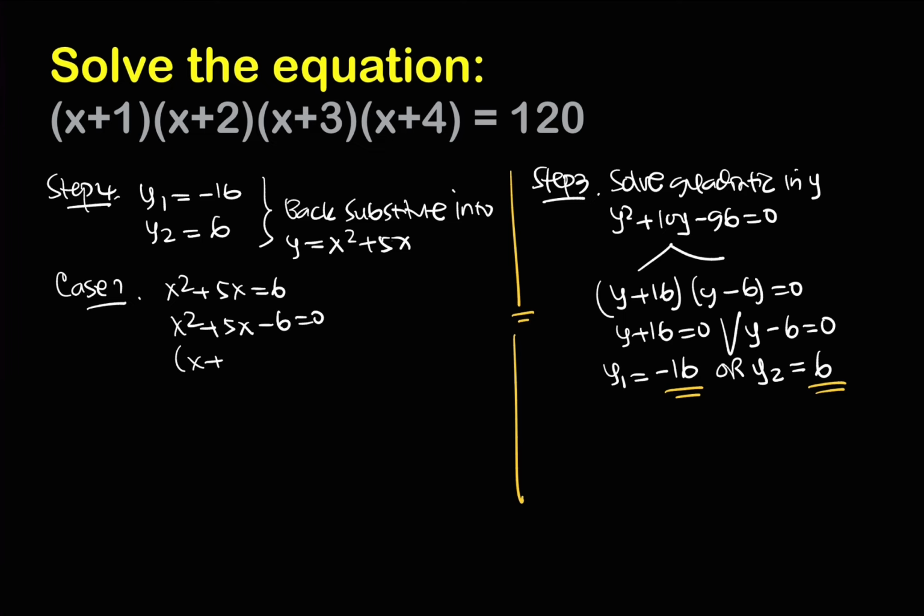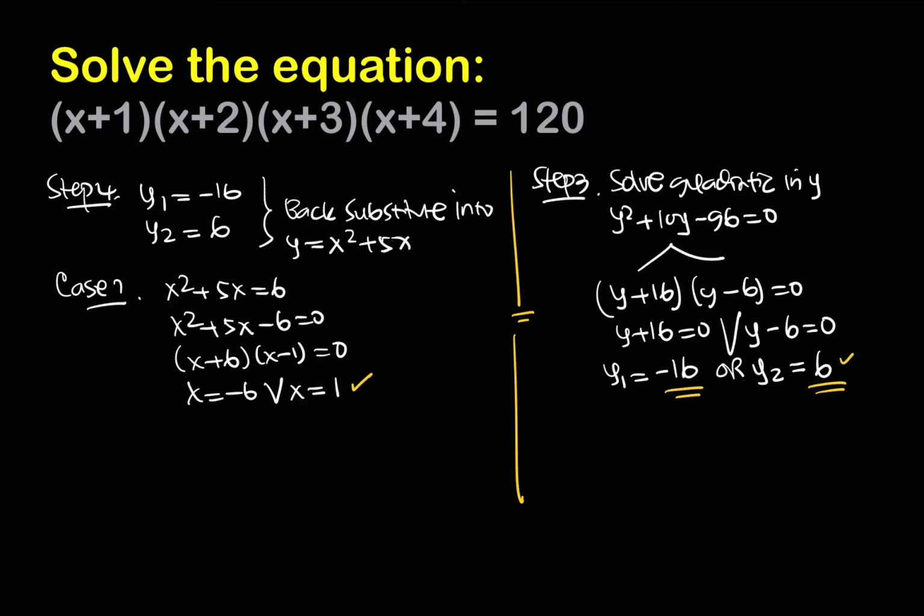So we can find that x plus 6, x minus 1 equals 0. So x equals negative 6 or x equals 1. So these are acceptable here.